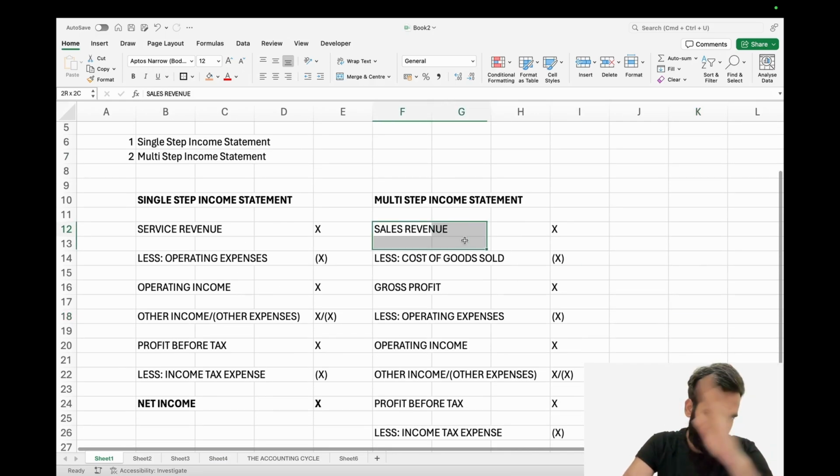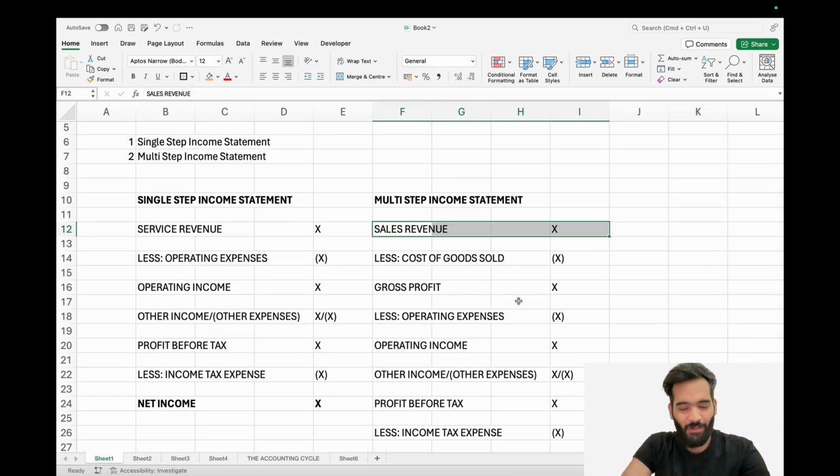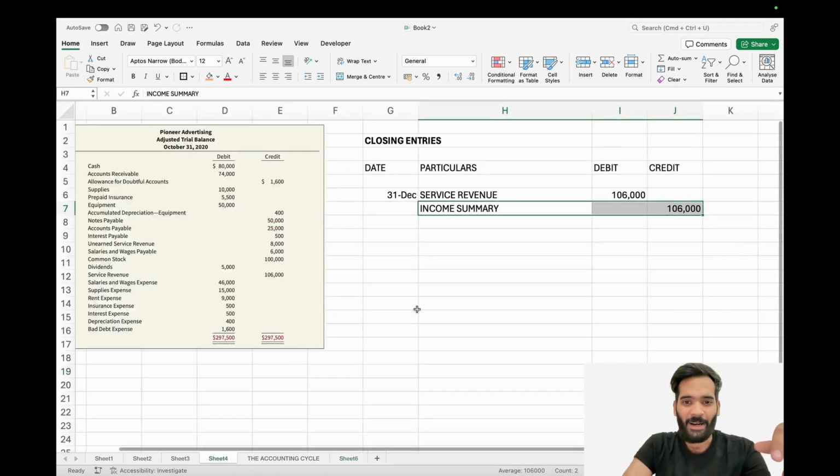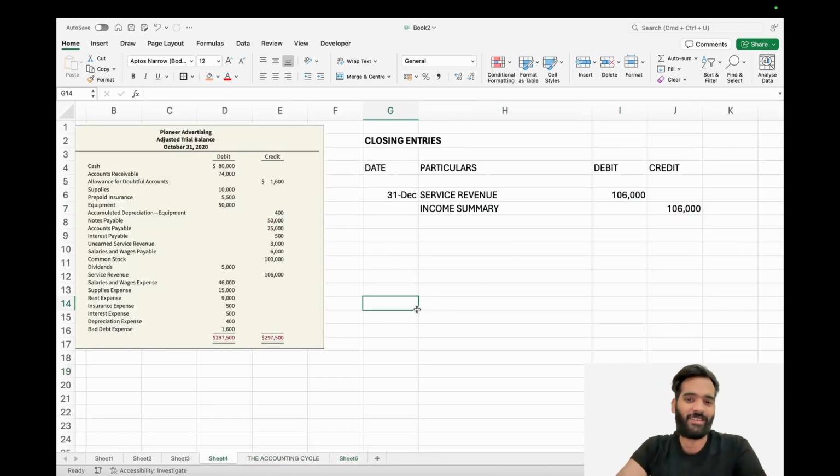Again, you don't need to worry about this reasoning. I always try to give extra logical understanding. If that makes sense, good for you. If that doesn't, it's not going to bother you ever in your accounting learning. So just remember, whatever one side of the entry is, the other side will be the income summary in closing entries.